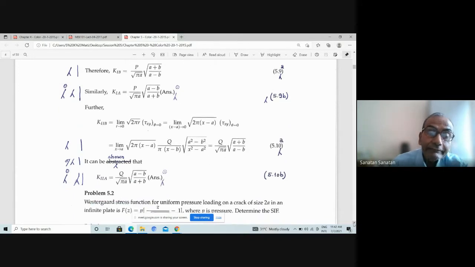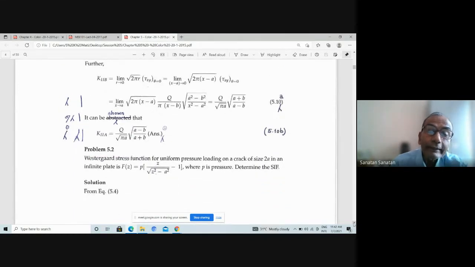And similarly, if you are interested in K2 at the tip B, then you make use of the stress tau xy at theta equal to 0, and then in that case the SIF at the tip because of the Q loading is going to be that. And it is also simple to establish that the SIF due to Q loading at the tip A is going to be this.